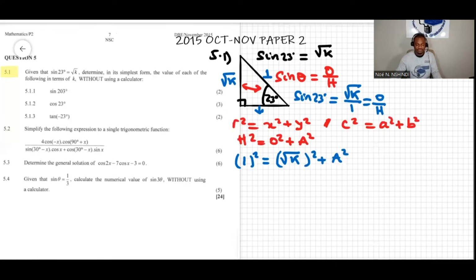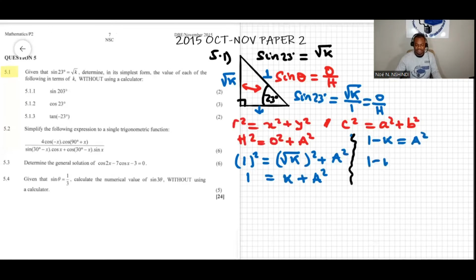If you work it out, the square root and the power of 2 cancel, so we are left with 1 equals k plus a squared. If I need to find a squared, I move k over, so 1 minus k equals a squared.